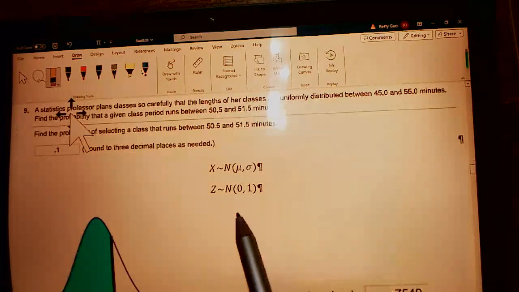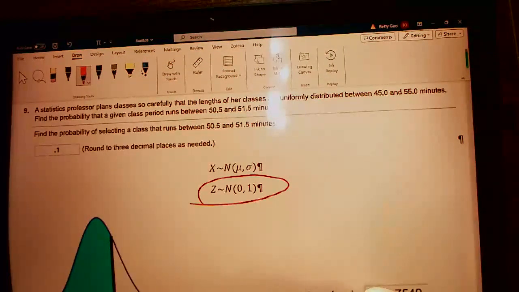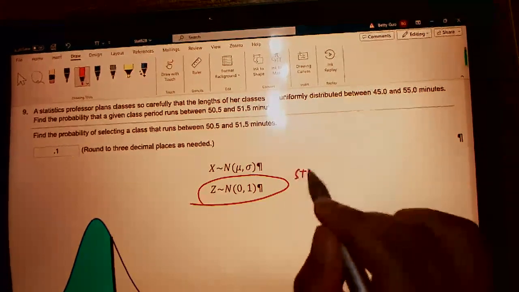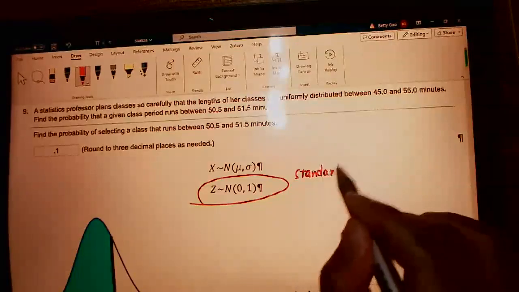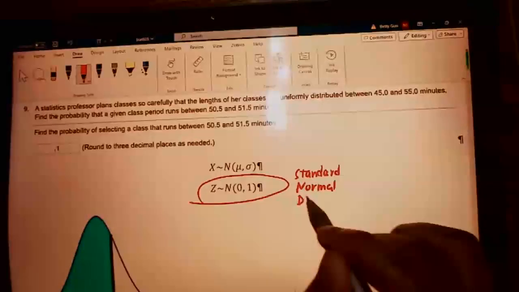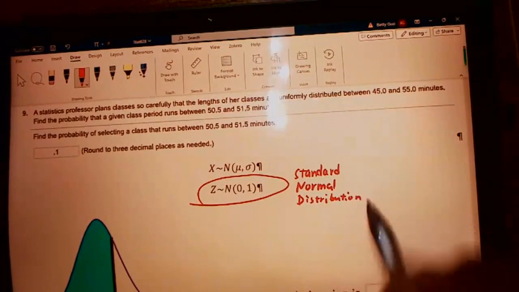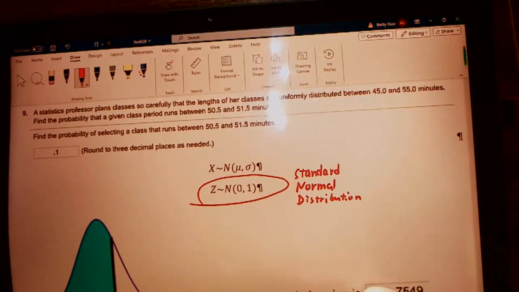As I said, the second type of continuous random variable distribution we learned today is called a standard normal distribution. Normal distribution is very important already, and a standard normal distribution is the most important among all the normal distributions.